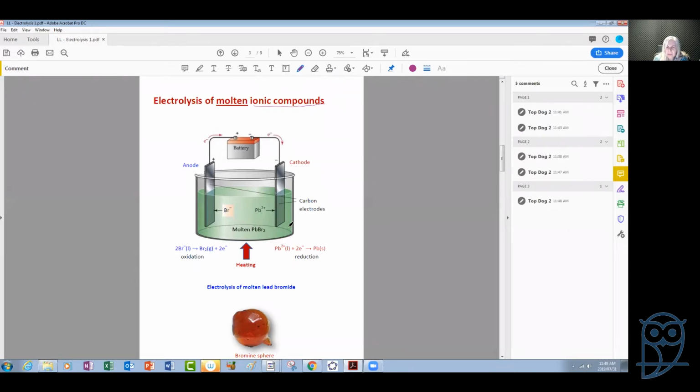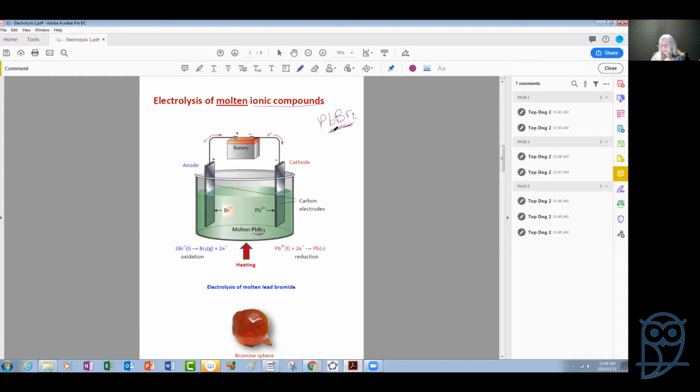So the compound that is here molten is lead bromide. There is a reason why we choose lead bromide, and it's also in your book and in other books. It's a very special compound because, to make a solid molten, we obviously need to heat it up.